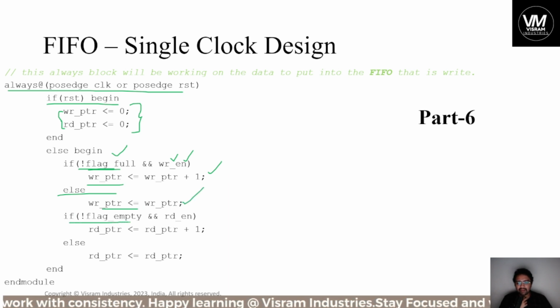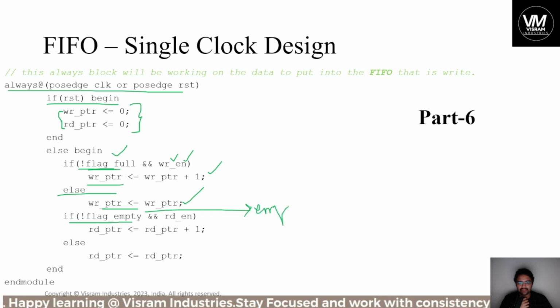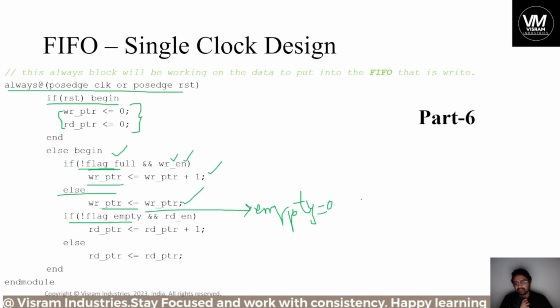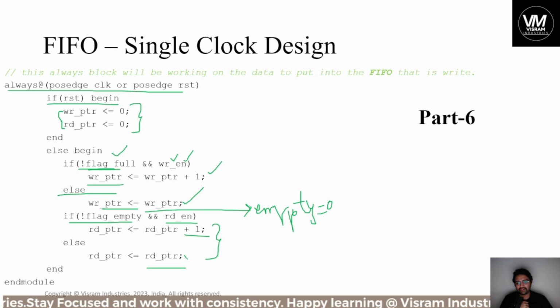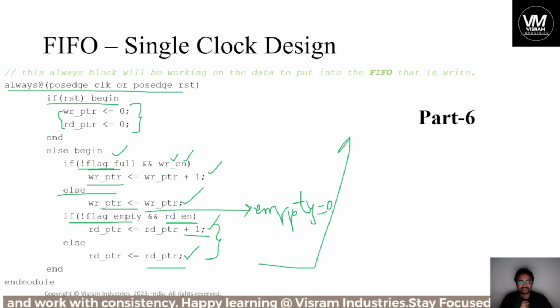If not flag empty, meaning empty can be 0, there is some data in the memory and read enable is there. So now read pointer plus 1 is the read pointer. The read pointer is incremented in a downward fashion from the top.